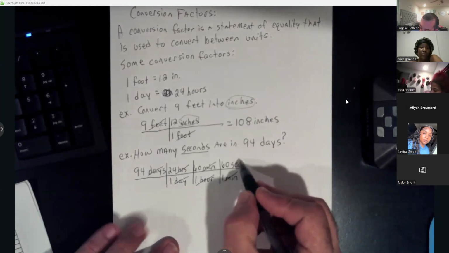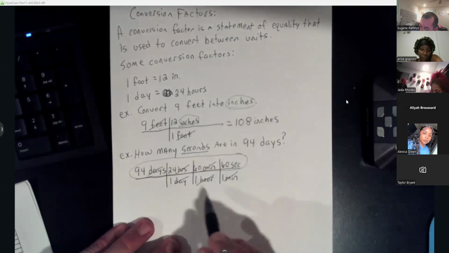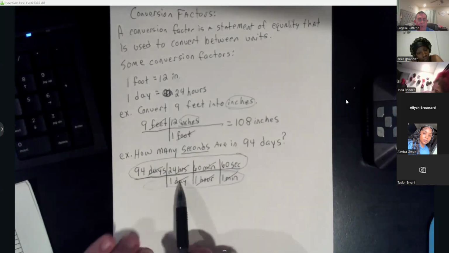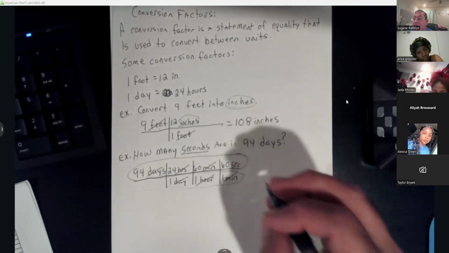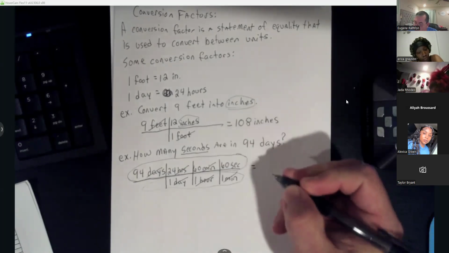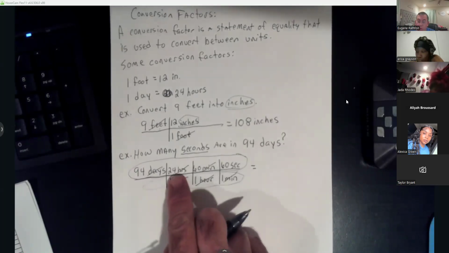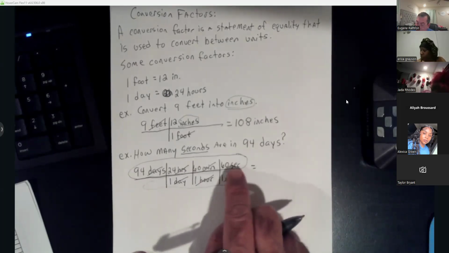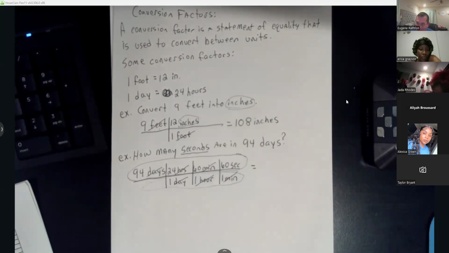Now remember, all of this on top, all these numbers get multiplied, and then we would divide by all the numbers on the bottom. But y'all, all I got on bottom is 1 times 1 times 1, so that ain't hurting nothing. What we need to do is multiply 94 times 24 times 60 times 60. Whoa, y'all, that's a lot of seconds now.